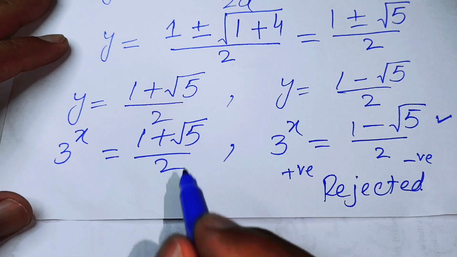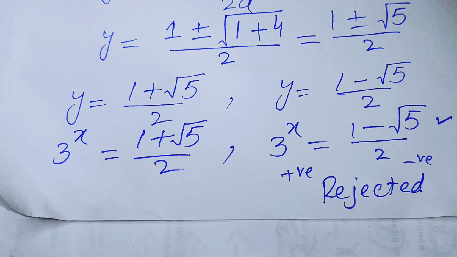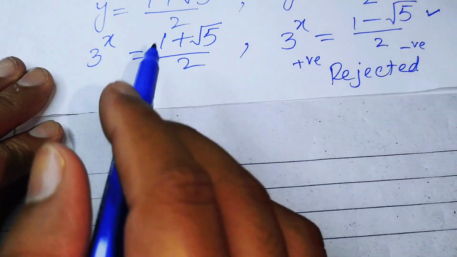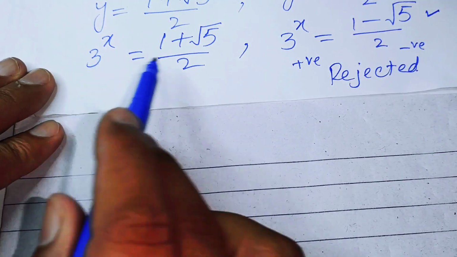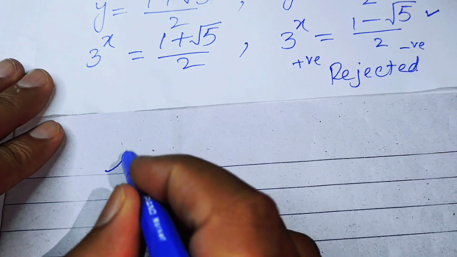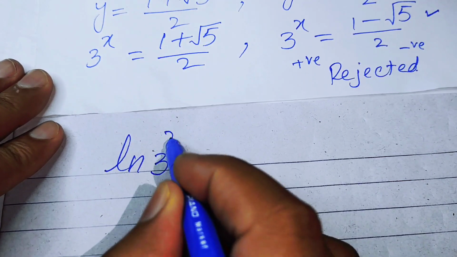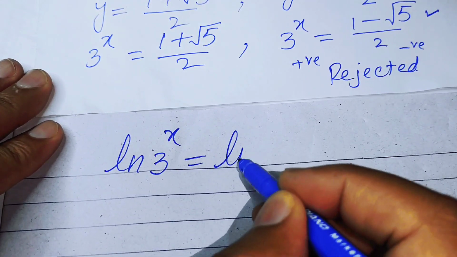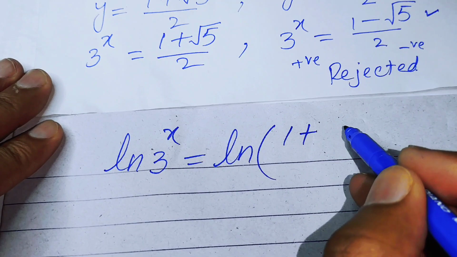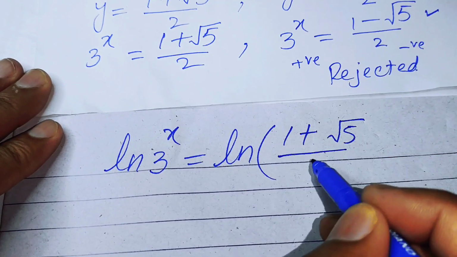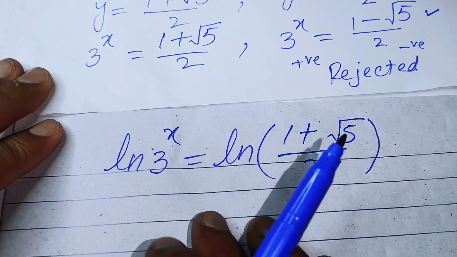We proceed with this case only, so we apply the natural log on both sides, so this expression becomes log of 3 to the power of x is equal to log of (1 plus square root 5) over 2.